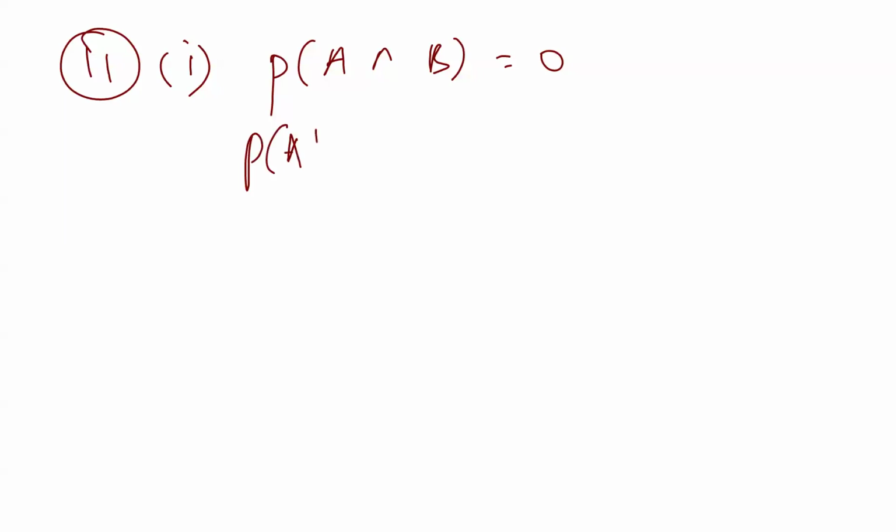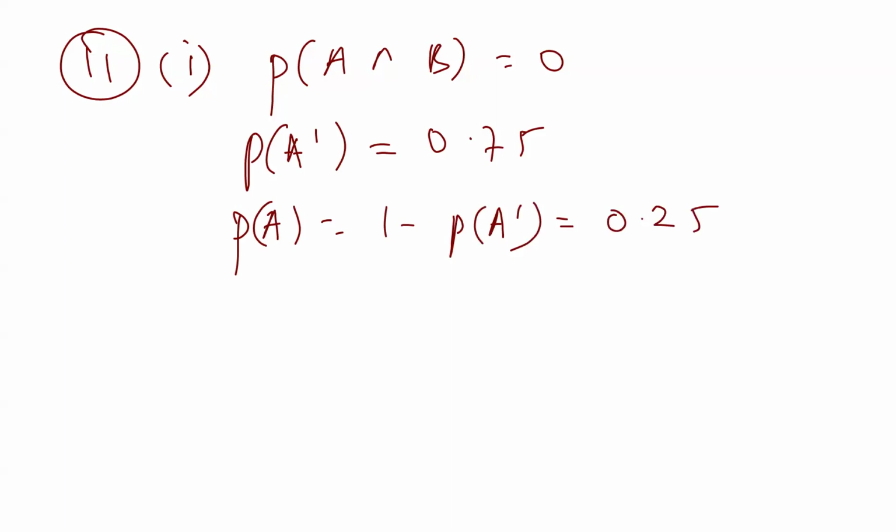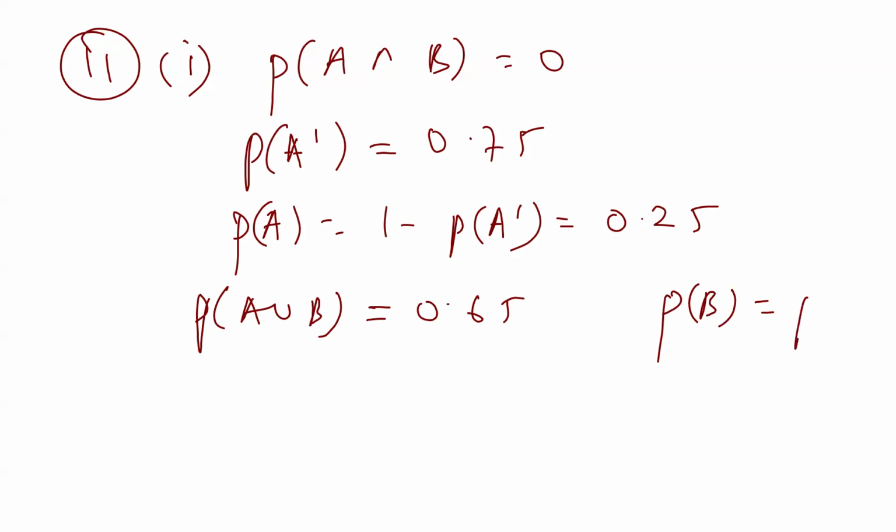P of A complement is 0.75. So P of A will be 1 minus P of A complement, which is 0.25. P of A union B is equal to 0.65 and P of B is equal to P. We need to find out the value of P.